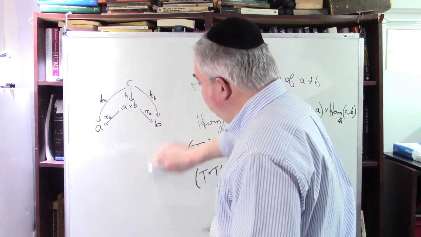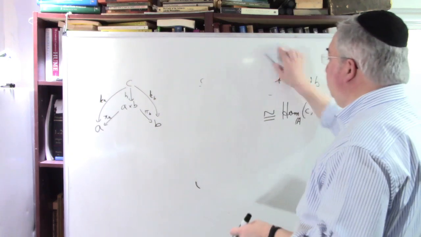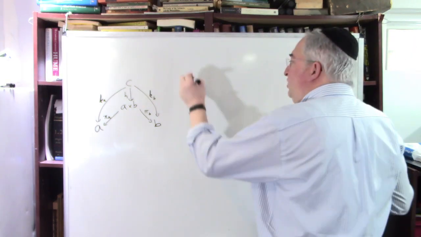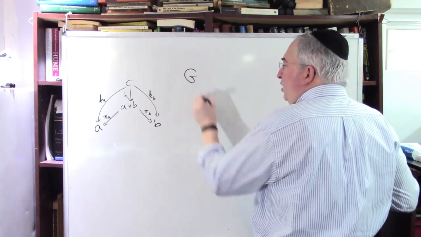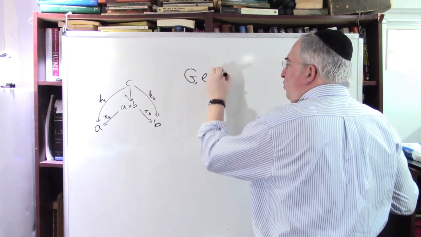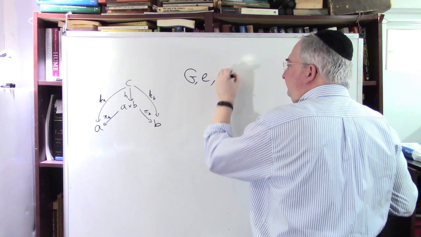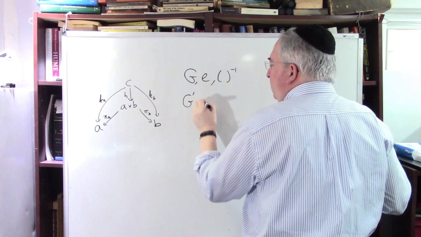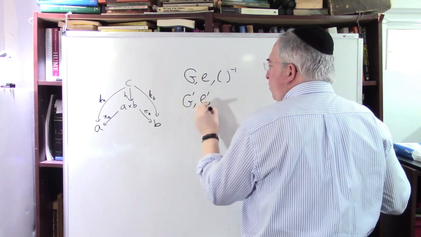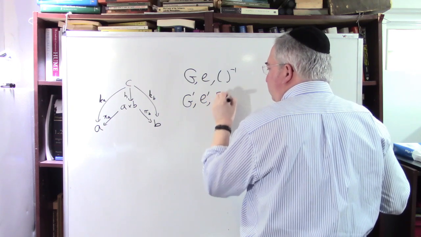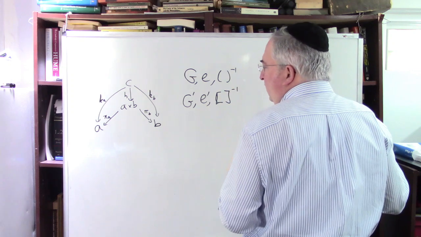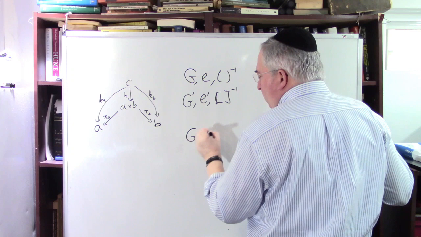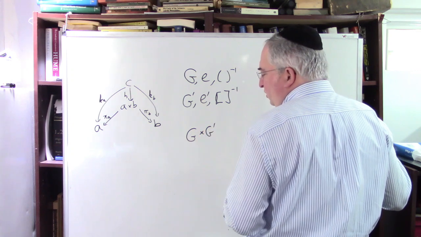Another example that we do in the book is the category of groups. Given a group with an identity, with an inverse, and another group, G prime, with another identity, with another inverse, we'll do this with a square bracket, then you can form another group, and the objects are G cross G prime.